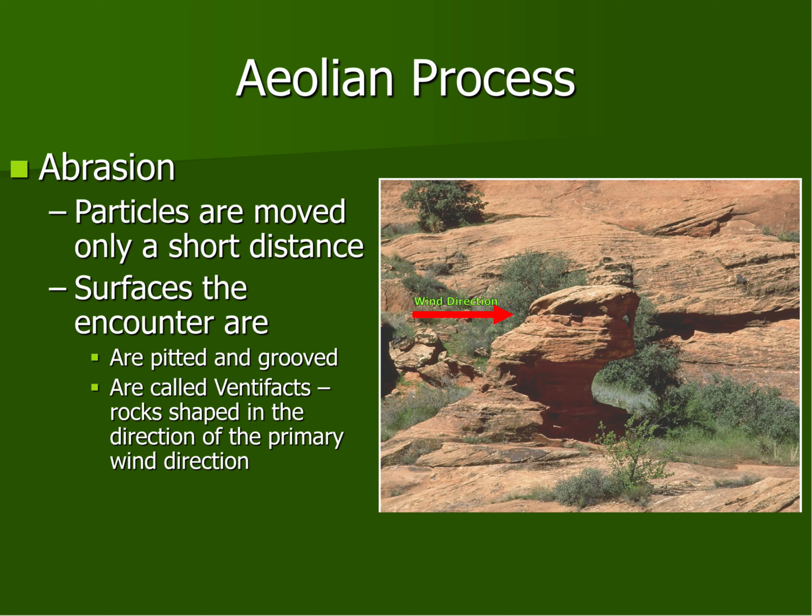So in desert environments or dry land environments, there's usually one, maybe two primarily seasonal wind directions. Those wind directions are going to dictate the shape of the feature that's being polished by the wind's abrasion axe. So first of all, I've got to say that particles only get moved a very short distance at a time. They may only travel a number of feet, but then they get picked up again, right?